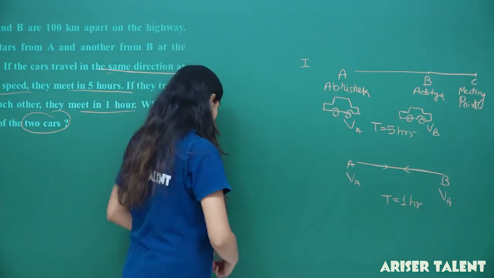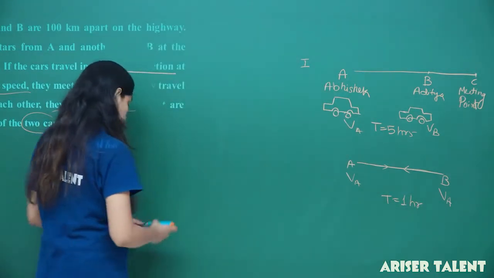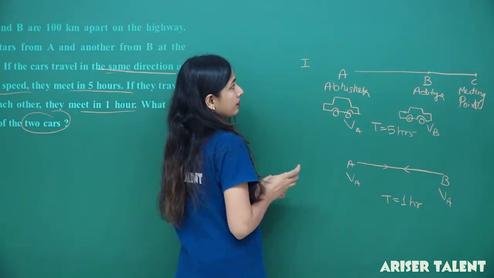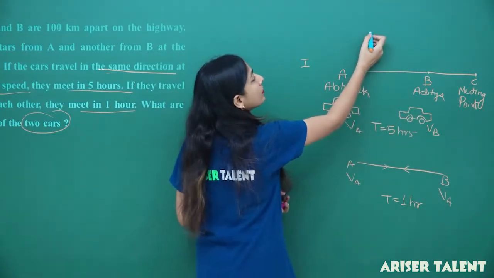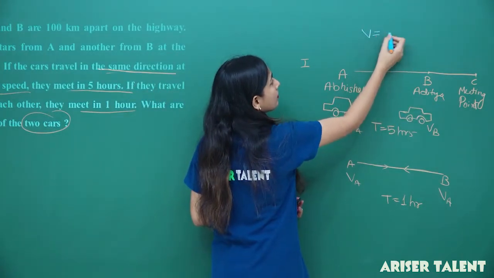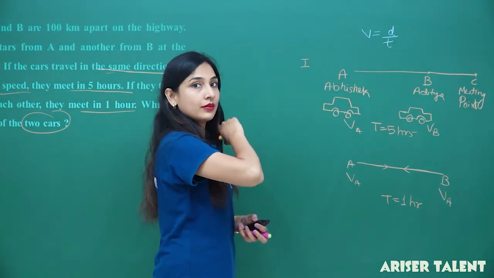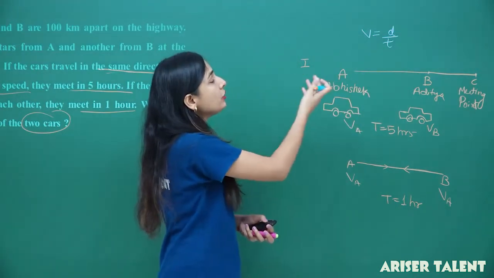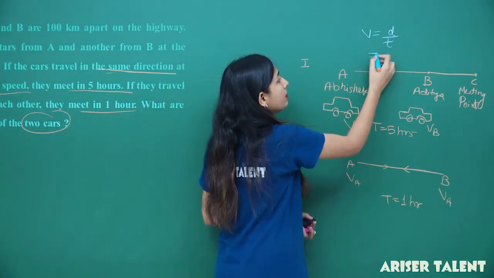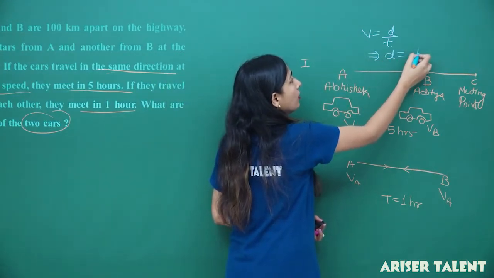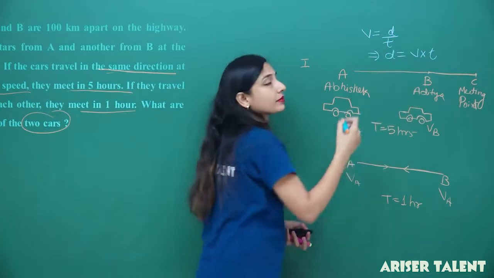Now this is the formula we will be using, and we will be talking in terms of distance. This implies that distance is equal to velocity multiplied by time.